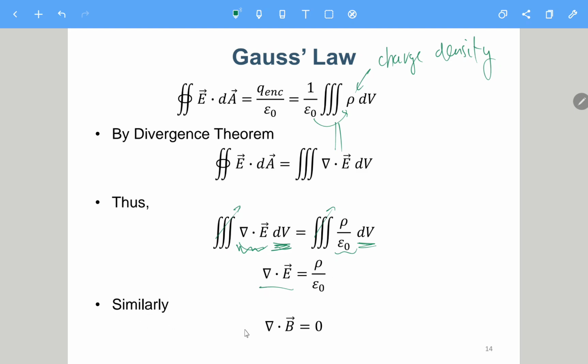And similarly, you can also have divergence of B equals 0. All the steps are the same, except the right side is always 0. So we have simply derived the differential form for the two Gauss laws using the divergence theorem, or the Gauss theorem.